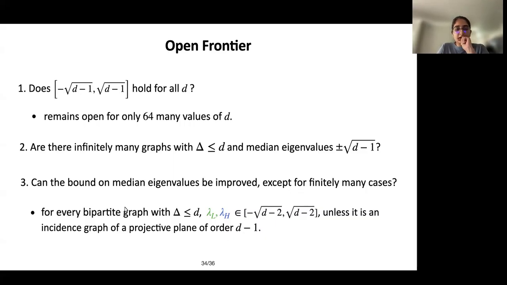So can we improve the bounds on median eigenvalues further, maybe for some specific family of graphs, as was the case for bipartite graphs? These are some of the open problems that are a beginning of all the questions that you could move forward and talk about.